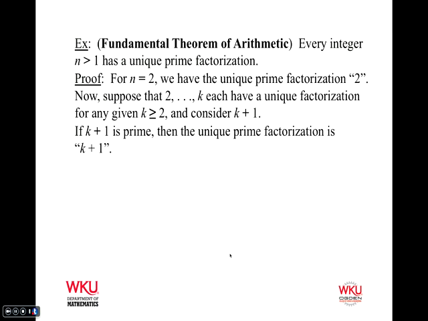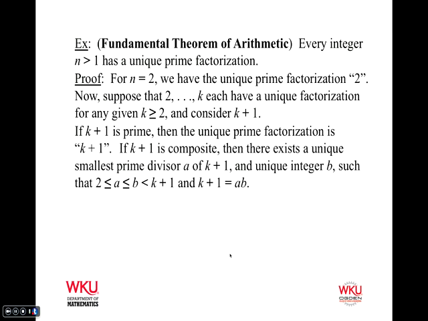If it's composite, then it's got to have factors that are smaller than k plus 1. And it may have several prime factors. So you take the smallest one. Let's call it a. And then a times something will give you k plus 1. So we'll call that other something b.